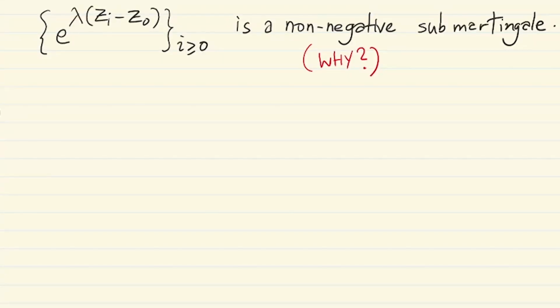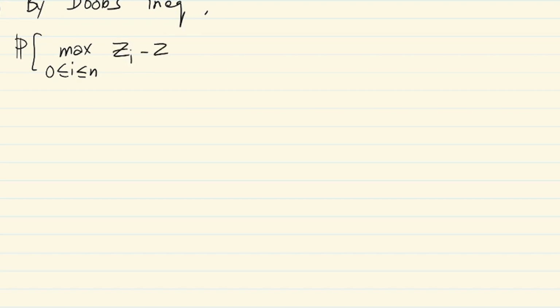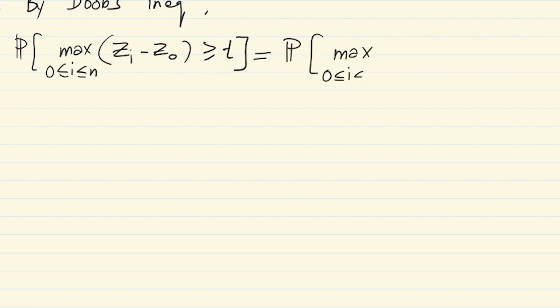Hence, by Doob's inequality, since we now have a non-negative submartingale here, we can say that the probability that the largest deviation Zi minus Z0 exceeds t, for any lambda greater than 0, is equal to the probability, exponentiating both sides, that the largest of e raised to lambda times Zi minus Z0 is greater than or equal to e raised to lambda t.